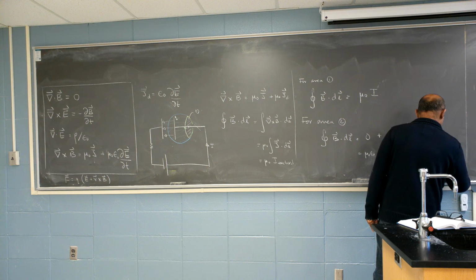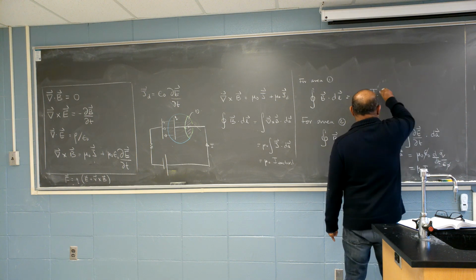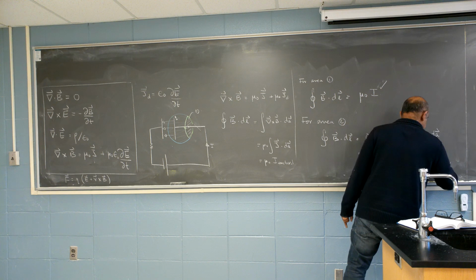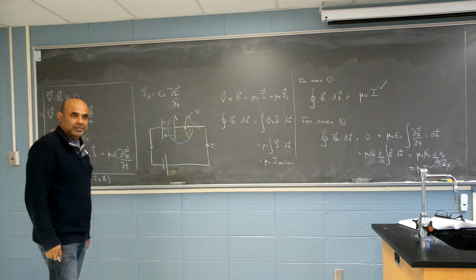Epsilon naught cancels, and indeed I would get mu 0 I, thereby saving the equation.